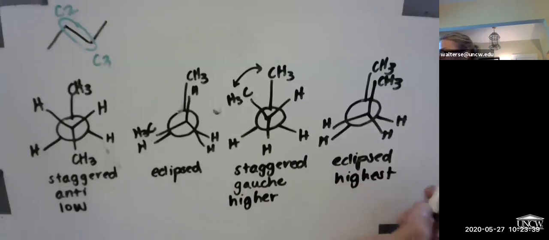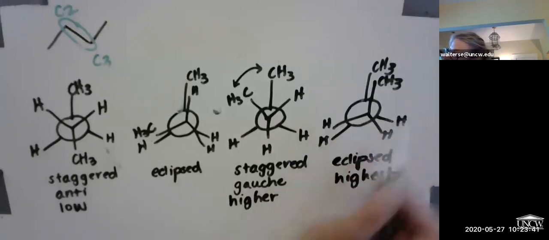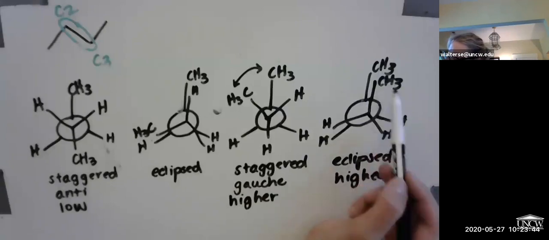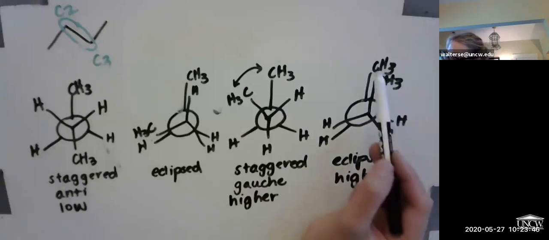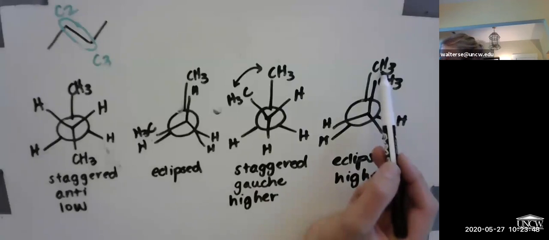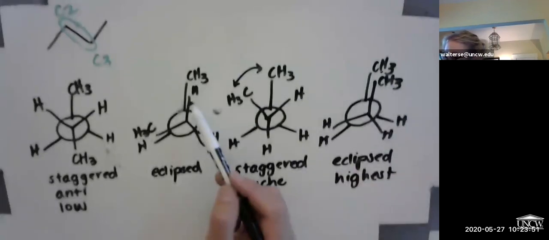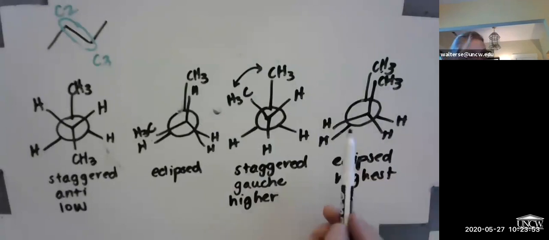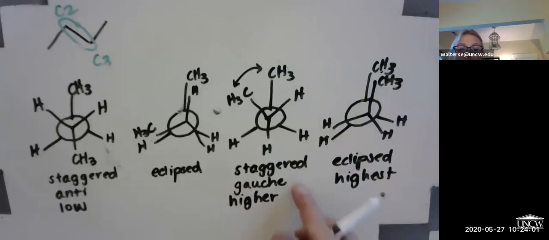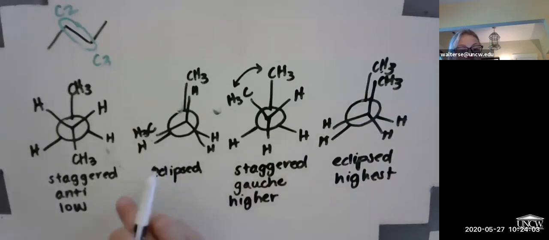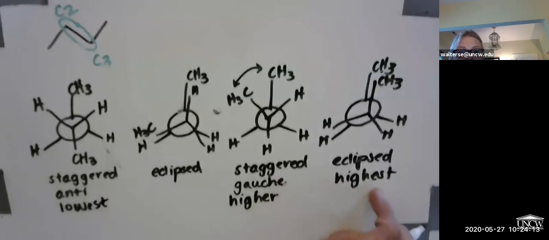In this one, the steric strain from the two methyl groups costs more energy than this one. But without numbers, you would not need to know that. Eclipsed is always higher in energy than staggered. But staggered with gauche interaction is higher in energy than staggered with anti-conformation. So this would be lowest, higher, and then highest.